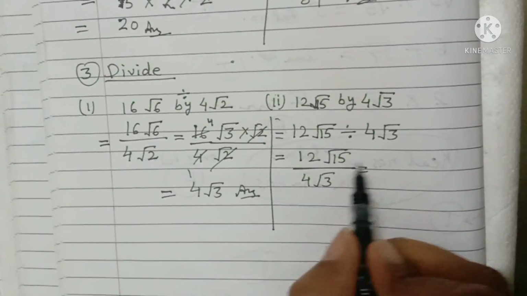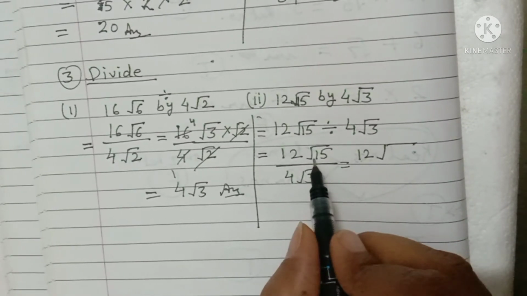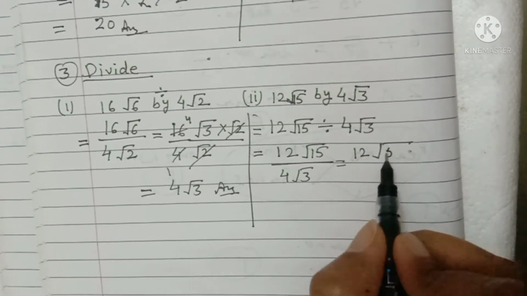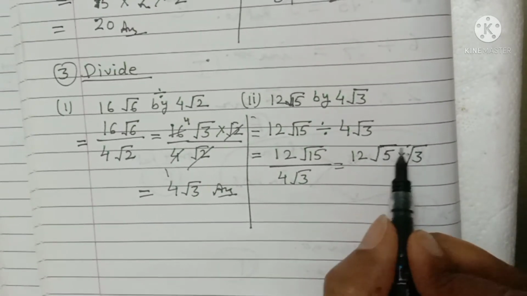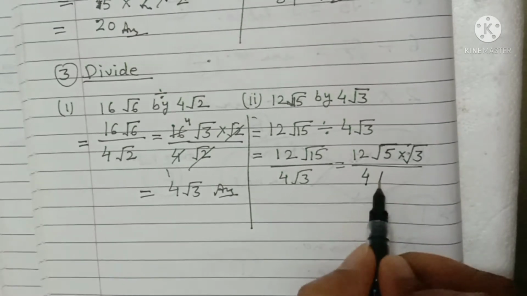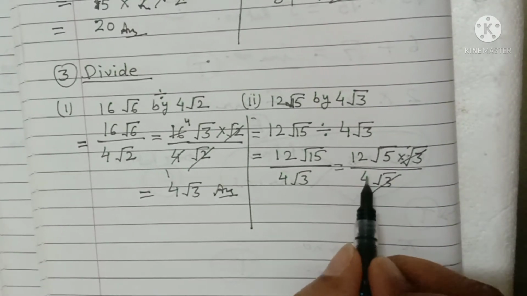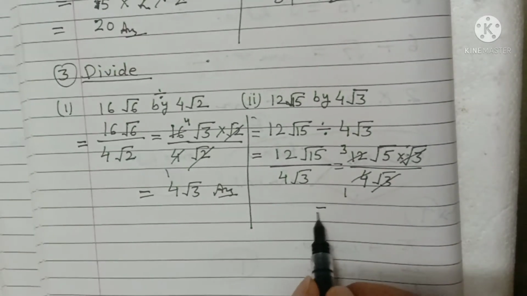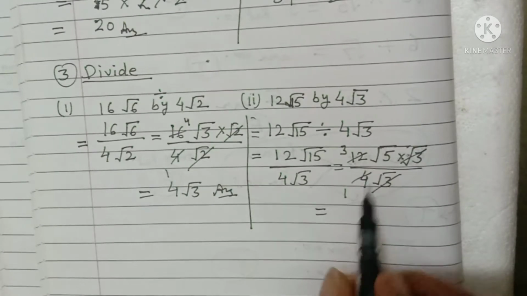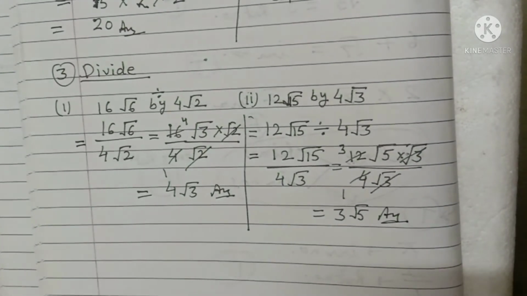Now break this 15 like this. 5 3s are 15. So under root 5 into under root 3 separately you can write upon 4 root 3. So cut this root 3. Now 4 1s are 4, 4 3s are 12. This becomes 3 root 5. 3 root 5 is the answer. So do like this.